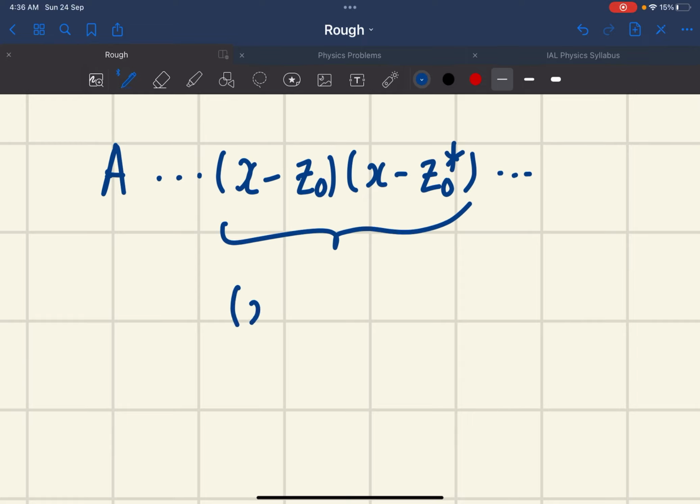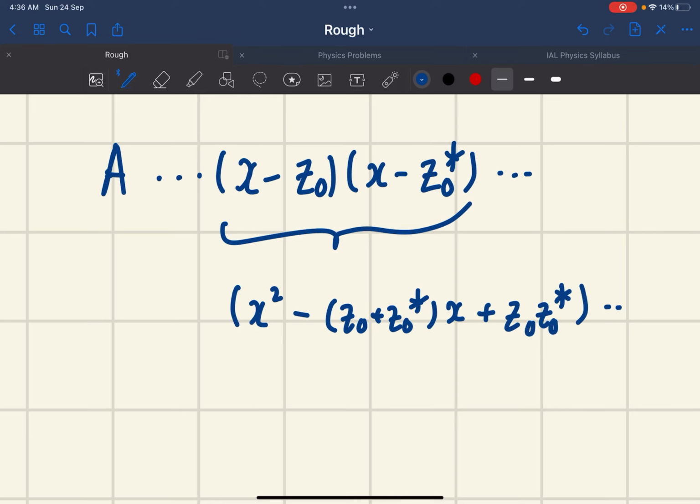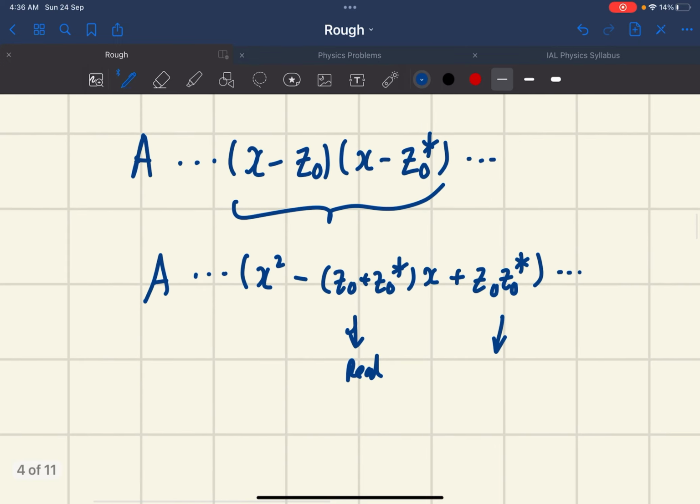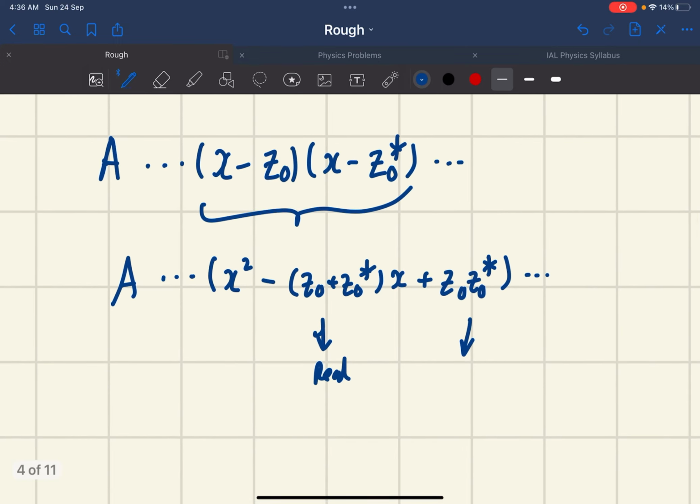Let's multiply them together now. A complex number plus its complex conjugate is a real number, and the complex number times its conjugate is also a real number.